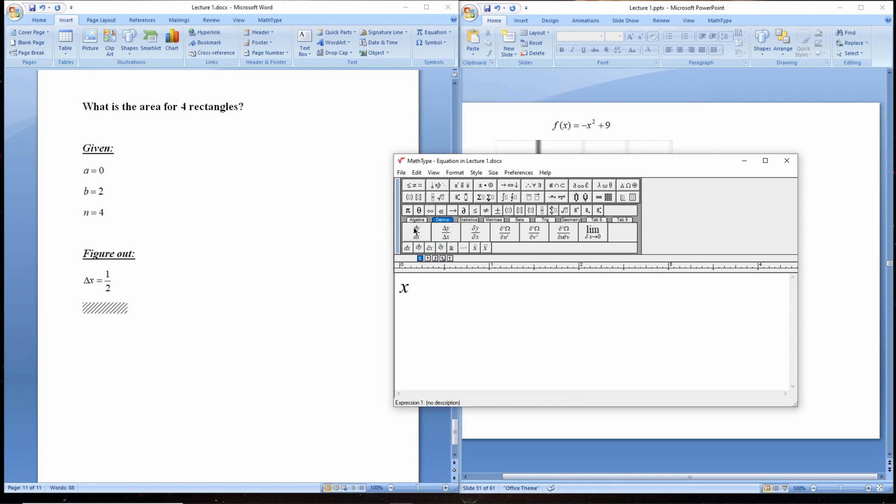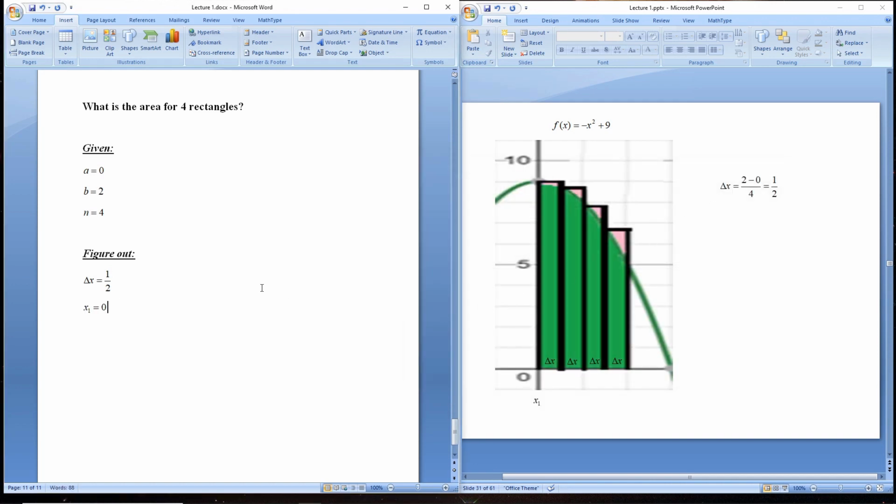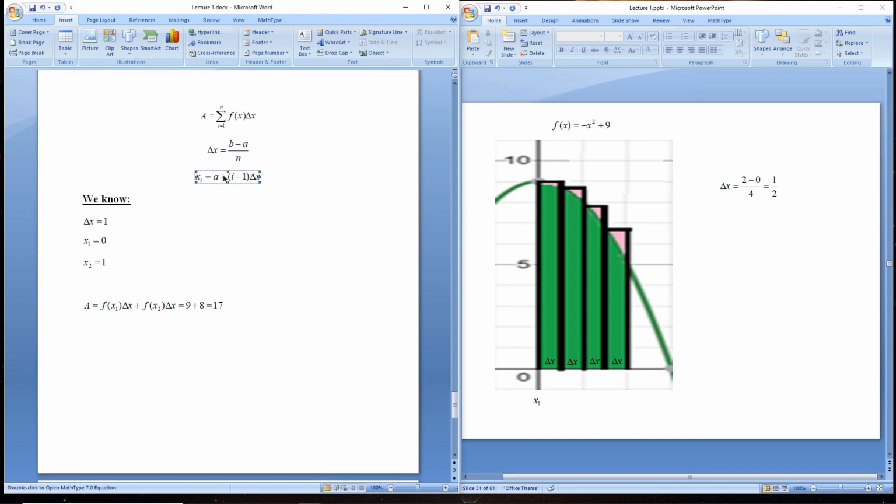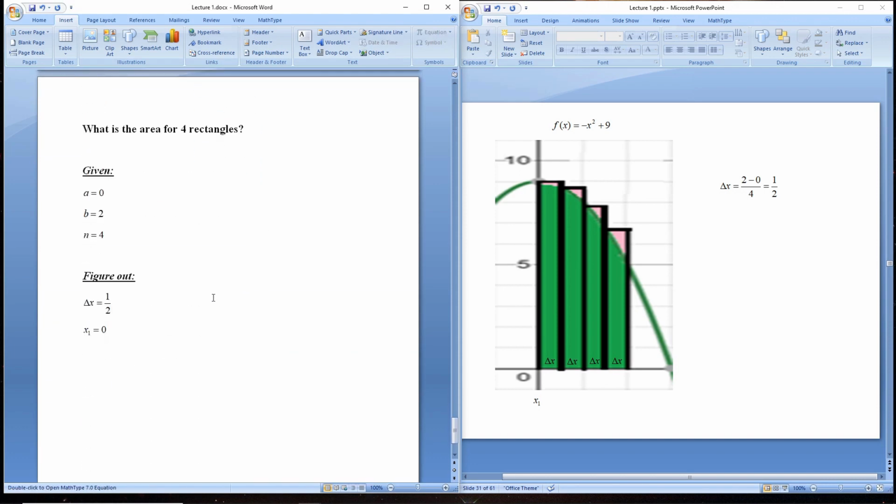So for our first x value, x1 equals a, and a is 0. And so that's our first position for x1. It's 0. Now recall, to get the other positions, I'm just going to copy this expression down here. To get the other positions, we're going to use this expression. So let's get x sub 2.